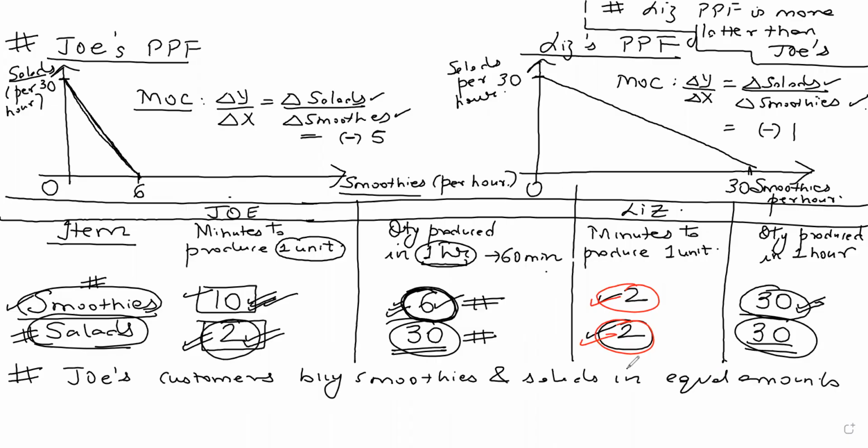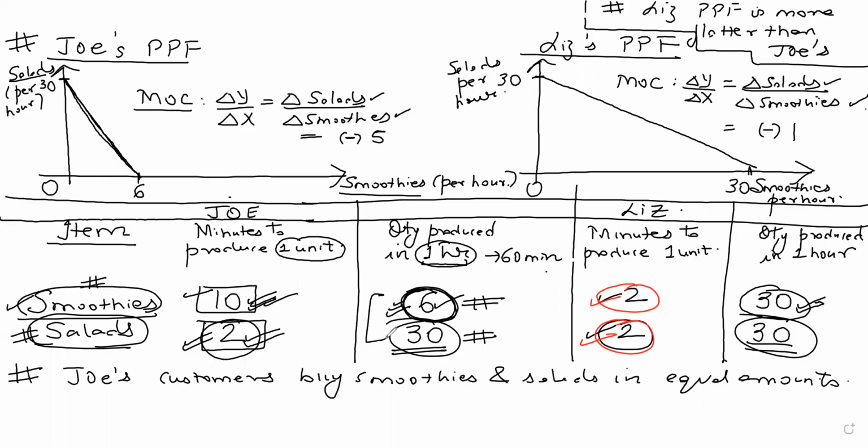We are given that Joey's customers buy smoothies and salads in equal amounts. So if I split them equally, basically Joey has to sell smoothies and salads in equal amounts. Now, how can I make them equal?